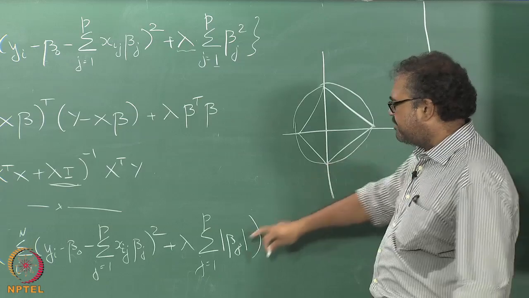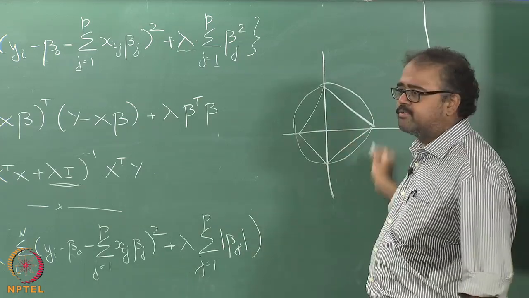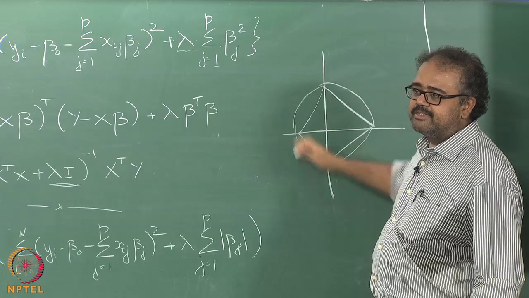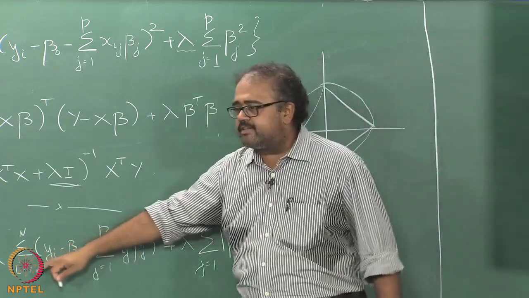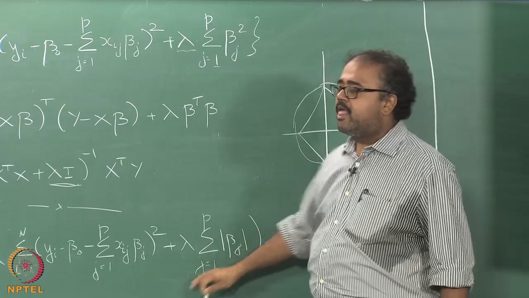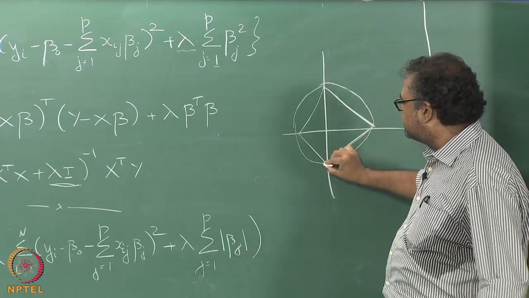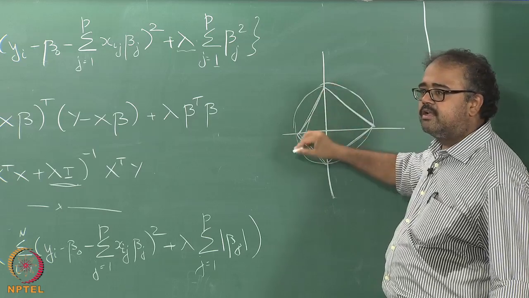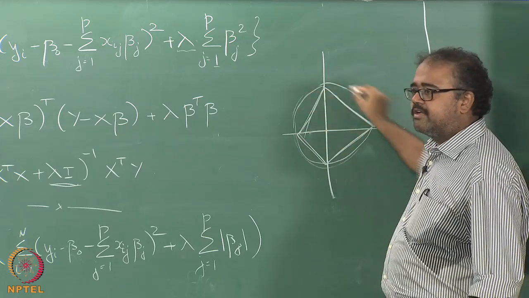Here, if you remember, the sum has to be a constant, and the sum of squares has to be a constant. So one will be a circle, the other one will be a diamond. When you are looking at the error surface corresponding to this, you will have to find solutions that lie on this for lasso, and lie within this for Ridge.